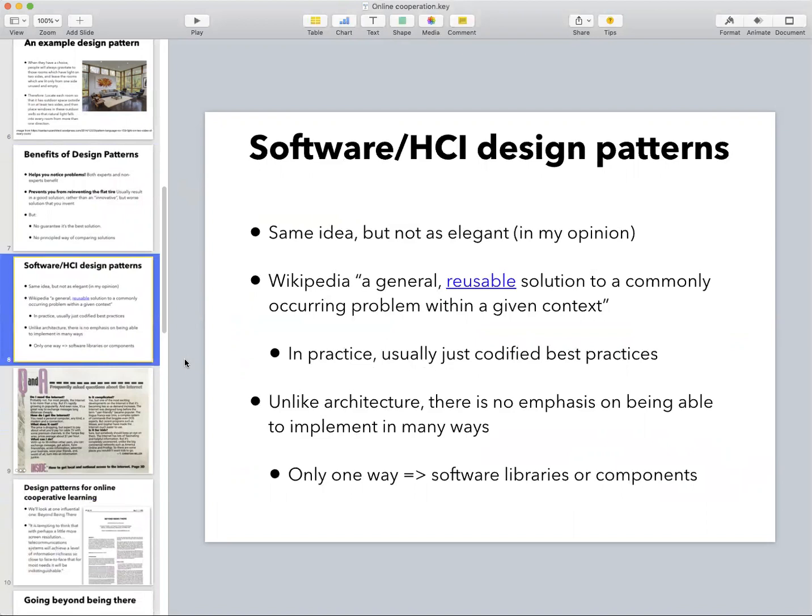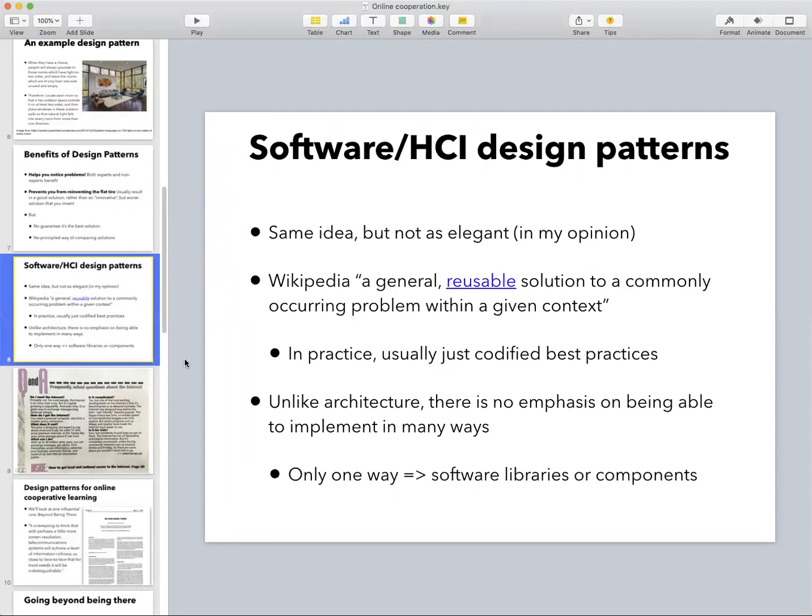The only reason you need to know this is because it's likely that you might collaborate with someone who has this more colloquial idea of what a design pattern is in software, and they might think of design patterns differently than we talk about in this class.